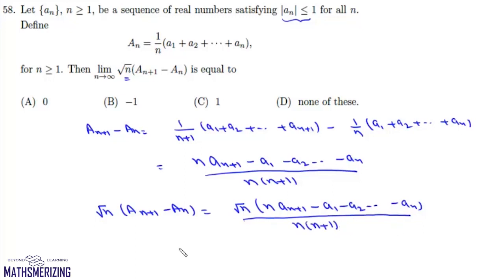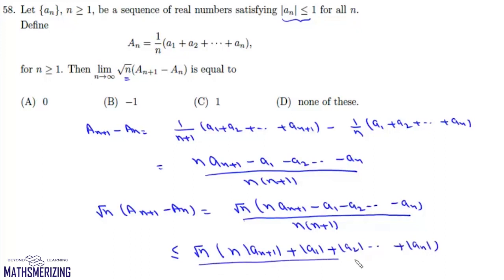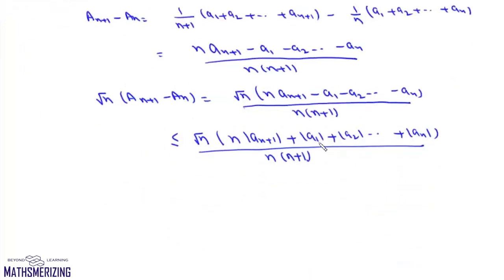Now this expression will always be less than or equal to square root of n into (n mod a(n plus 1) plus mod a1 plus mod a2 plus up to mod an) upon n into (n plus 1). Now mod an is less than or equal to 1.